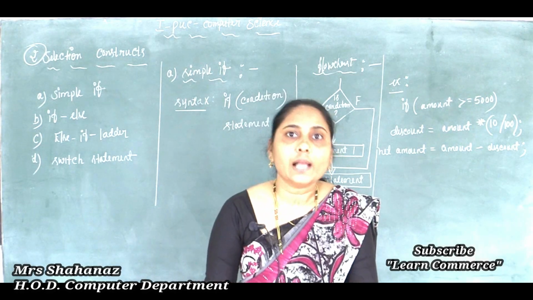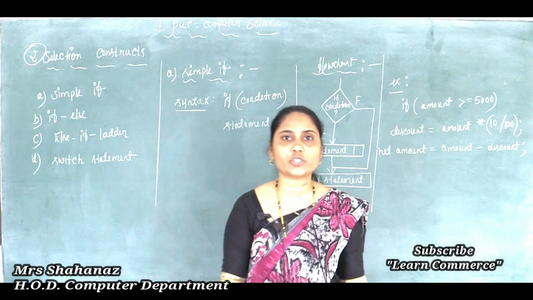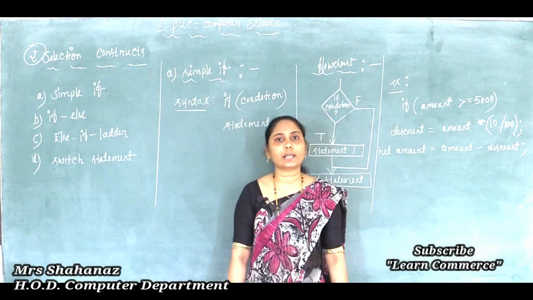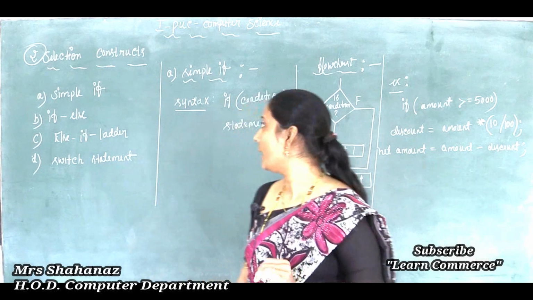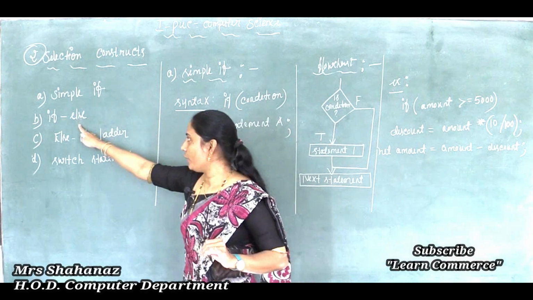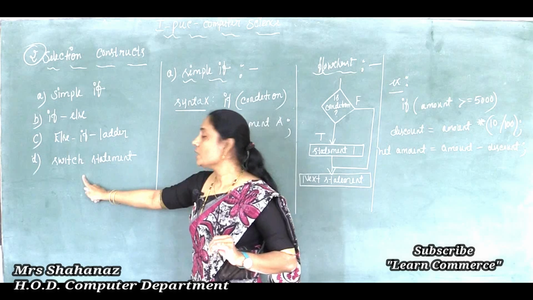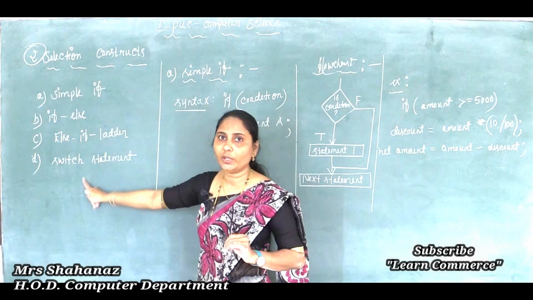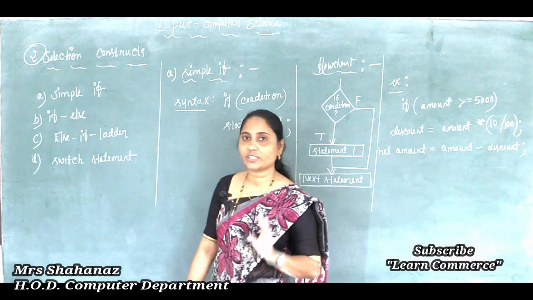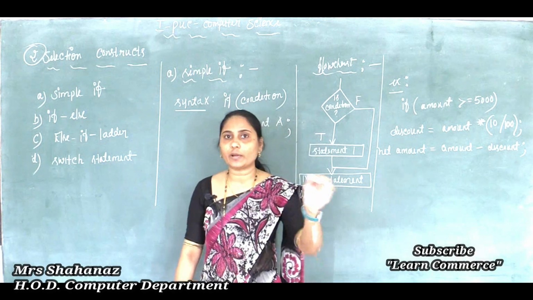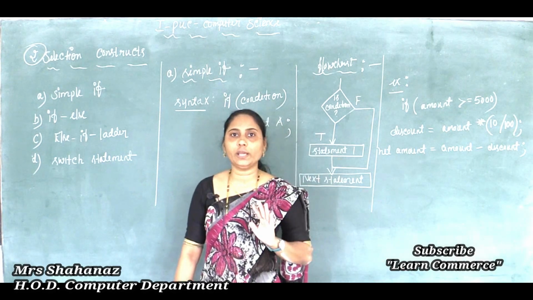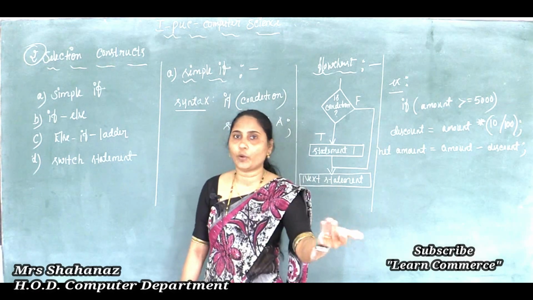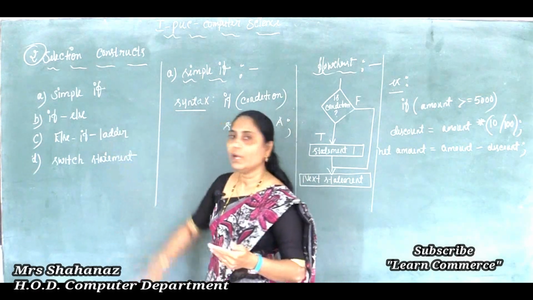As we know, the selection construct, or selection structure, is classified into 4 divisions. The divisions are simple if, if else, else if ladder, and switch statement. Is this point clear? That means we select a statement for execution based on the condition. Depending on the program, we use any one statement.